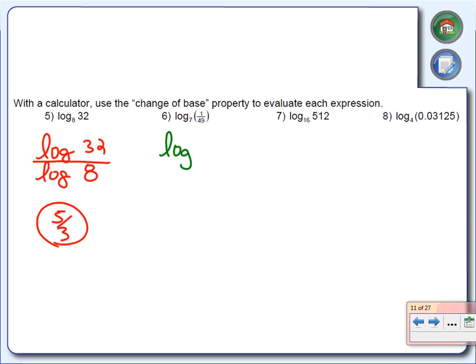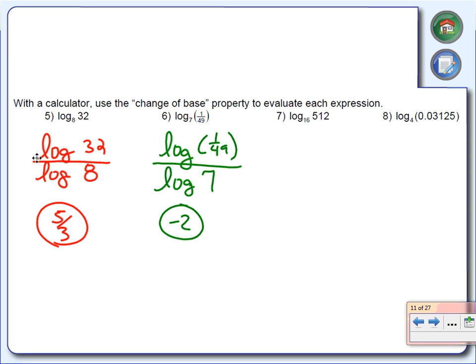So we're going to write this as log of 1 over 49 divided by the log of 7. So put that in your calculator to see what we get. -2, that is correct.